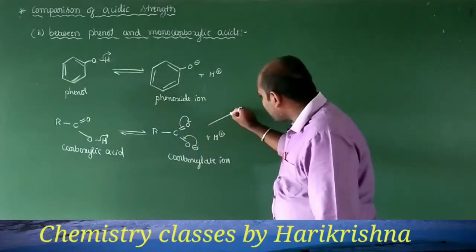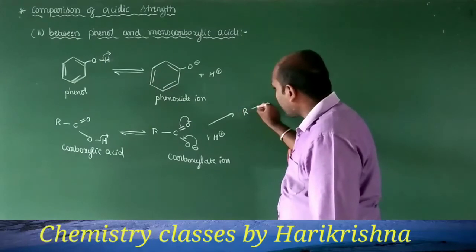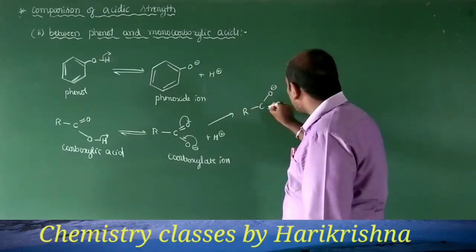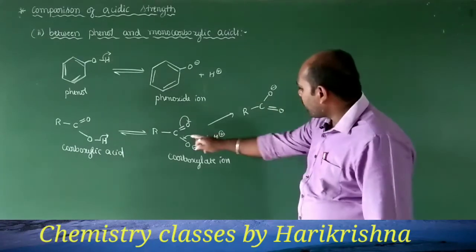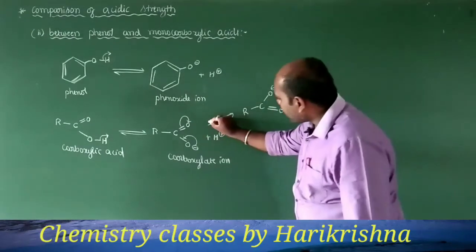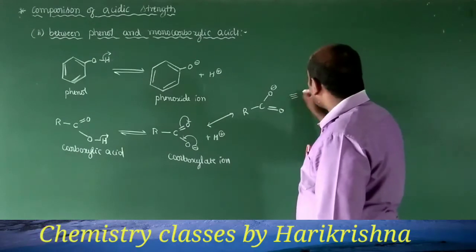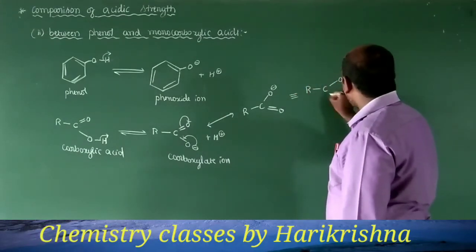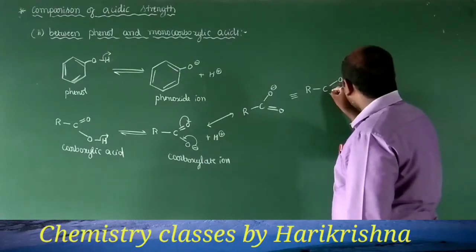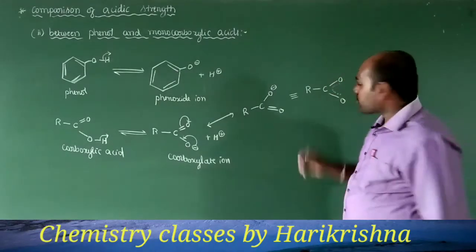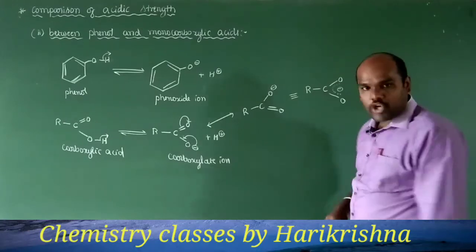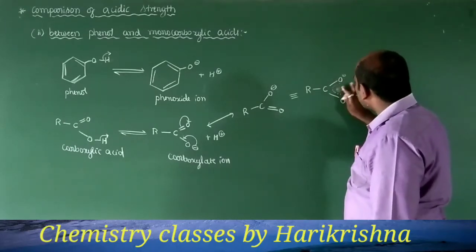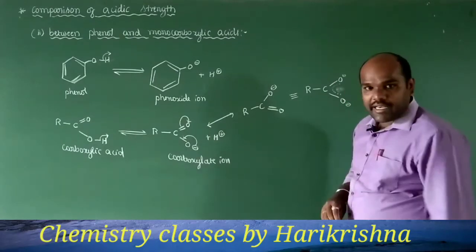So because of this shift, you will get the structure in this way, C O minus, double bond O. And for these two forms, we can write a resonance hybrid as R C O O. So there will be a total dispersion of the negative charge between these two oxygen atoms. Here also we get negative charge, and here also we get negative charge.